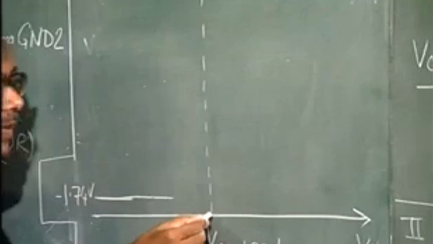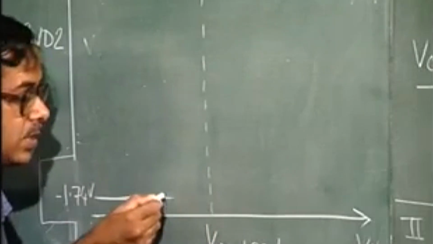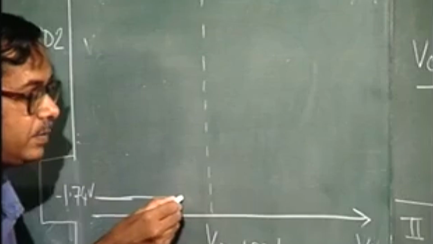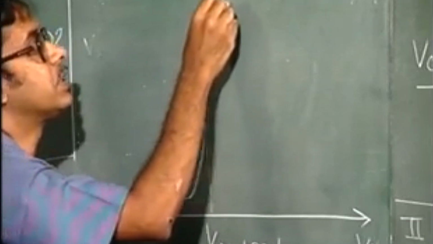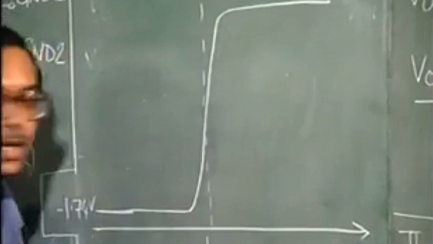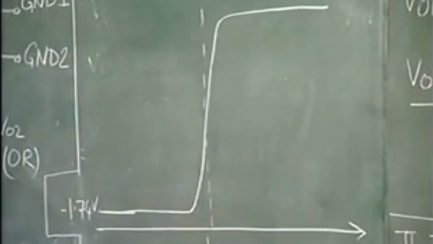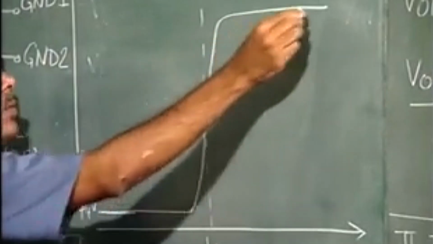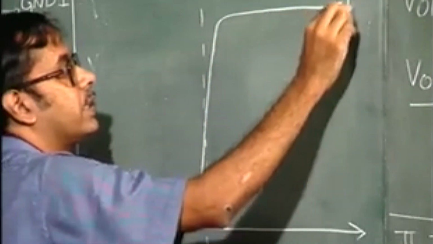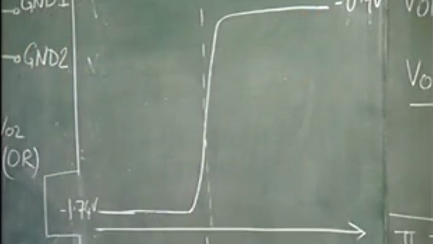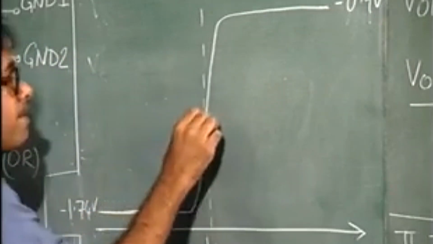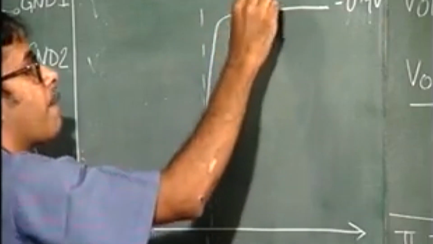So, when it is very close to this, it starts changing like this, it just switches to the other level. What is this value here? It's around minus 0.9 volts. So, this is OR.